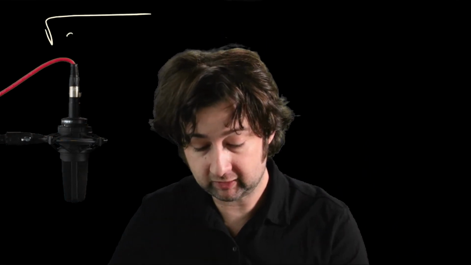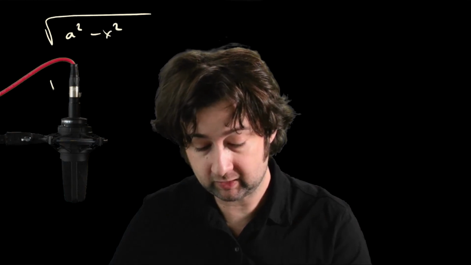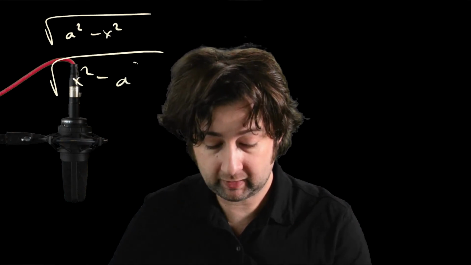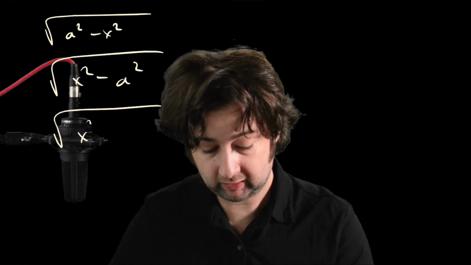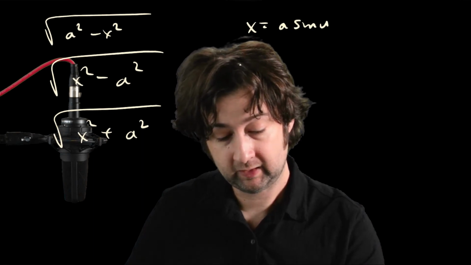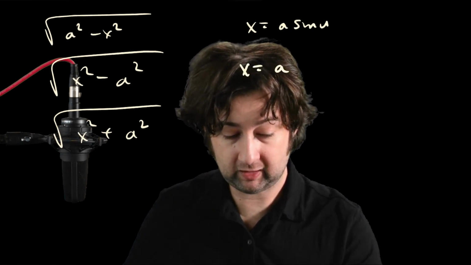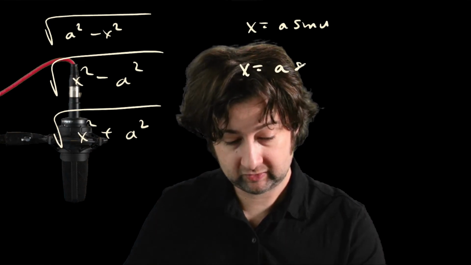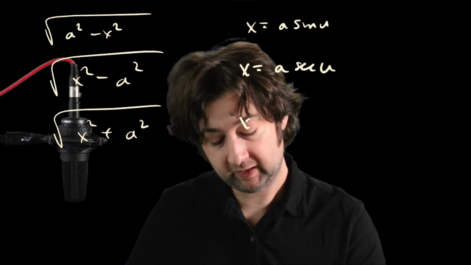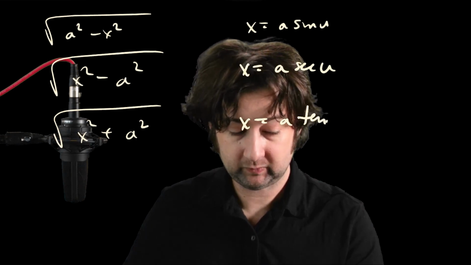So the upshot is that we have patterns that look like a squared minus x squared, x squared minus a squared, and x squared plus a squared. Those let us make substitutions like x is equal to a sine u, x is equal to a secant u, and x is equal to a tangent u.